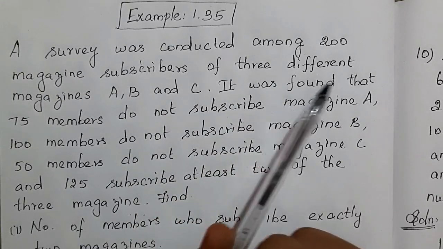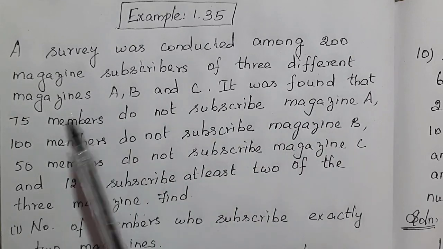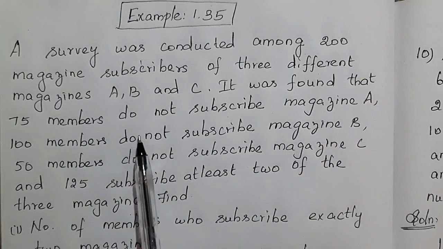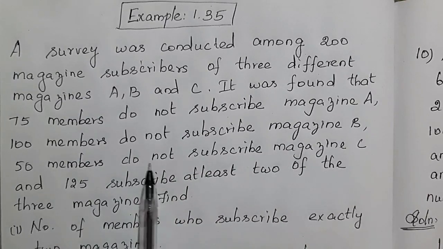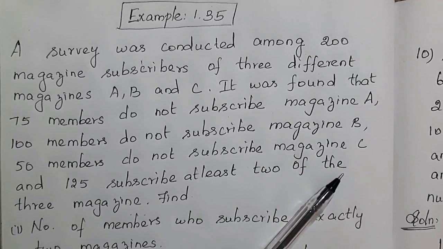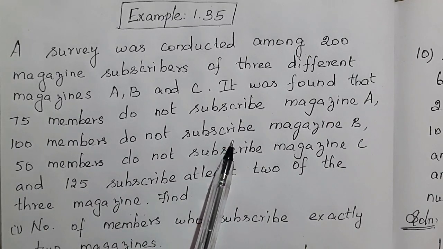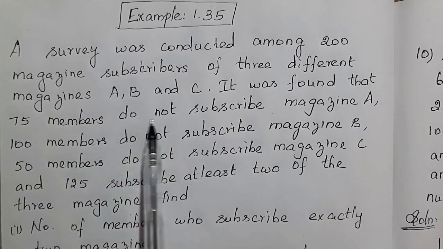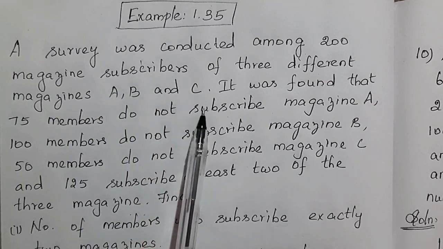It was found that 75 members do not subscribe to magazine A, 100 members do not subscribe to magazine B, 50 members do not subscribe to magazine C. See this sentence: they have given do not subscribe, but in the first sentence we have subscribe.